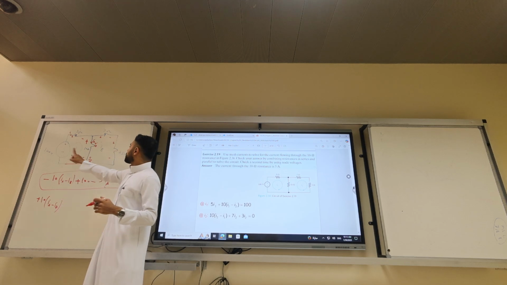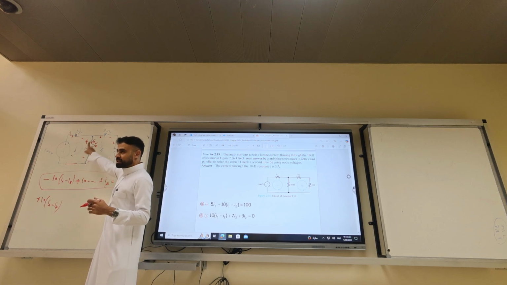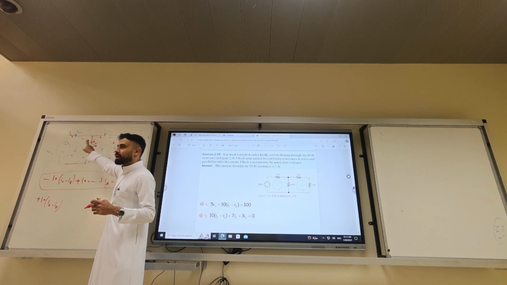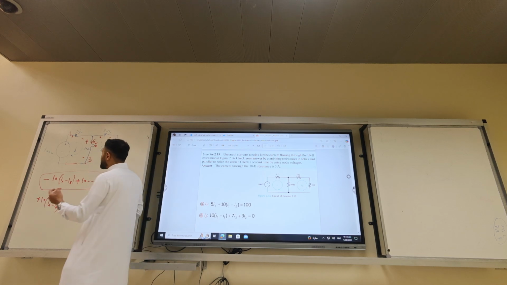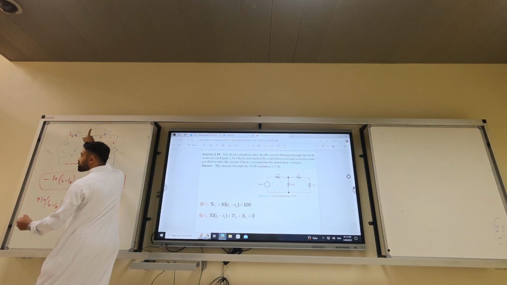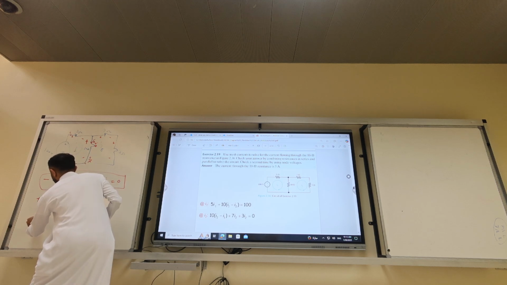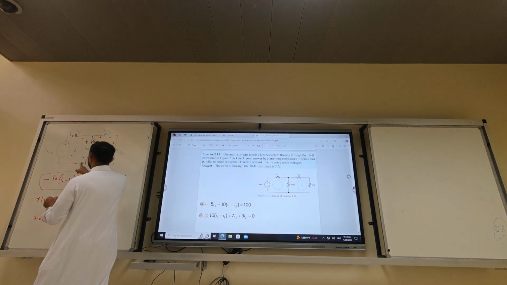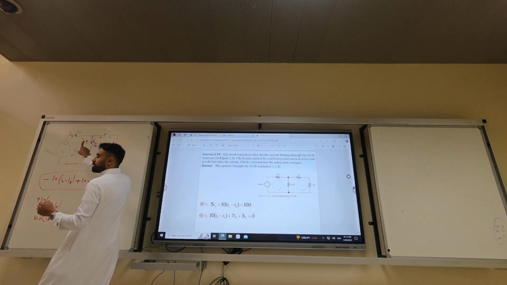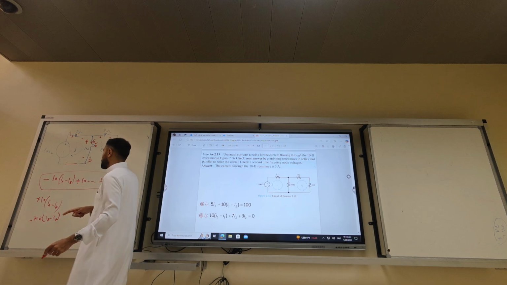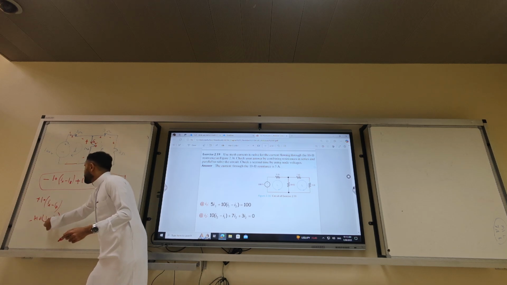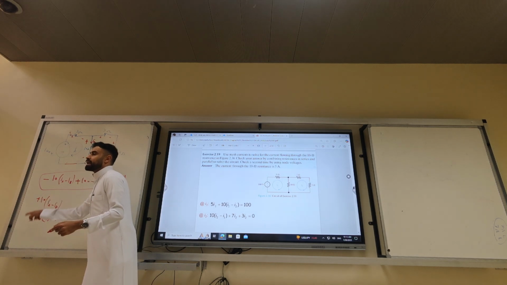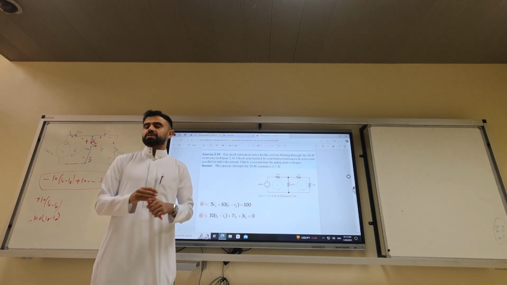If we want to include the current that goes from the bottom to the top, which is IB minus IA, we would say it is a voltage rise, plus 10 times IB minus IA, and then I have to put the negative sign. Oh, it enters from the negative. Then you have to put another negative sign, and this will fix it to match the same thing. Again, ultimately you should have both expressions.